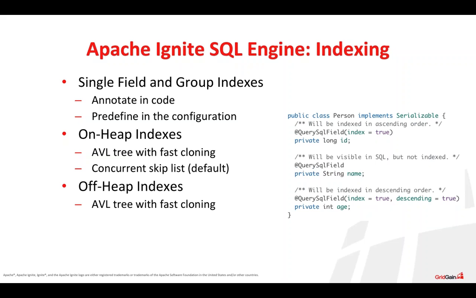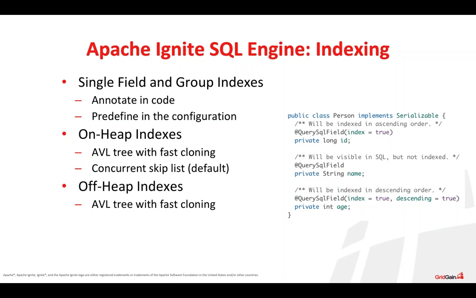As for the specific implementation of the indexing interface that is available as part of H2, in the situation when all your data is stored in Java heap, which is known as on-heap cache mode in Apache Ignite, we have two different implementations. The first implementation is AVL tree based with fast cloning capabilities. We also call these indexes snapshotable indexes, due to the way the AVL tree with fast cloning capability works.